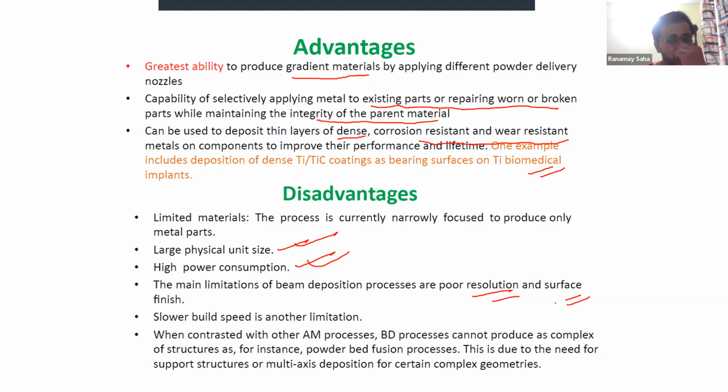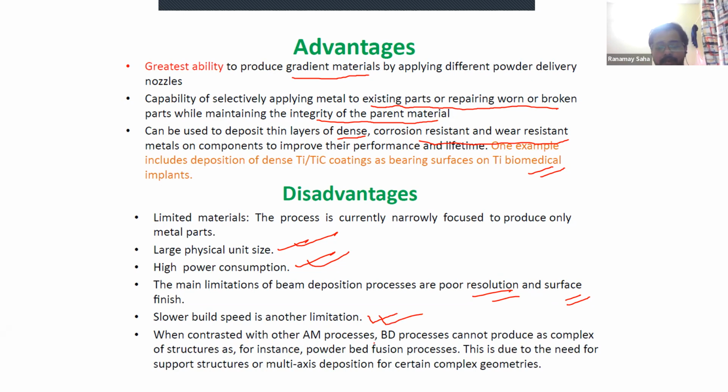So although you can again get dense structures, you can get gradient materials, you can actually have high performance, but the resolution and surface finish are poor in that case. So slower build speed again adds up to your total machining time, total manufacturing time.